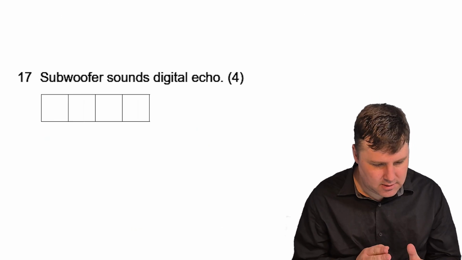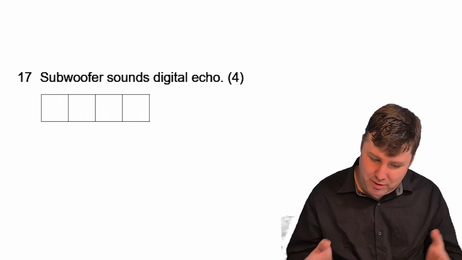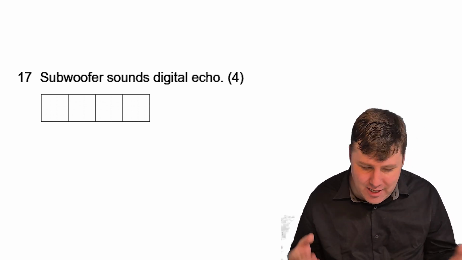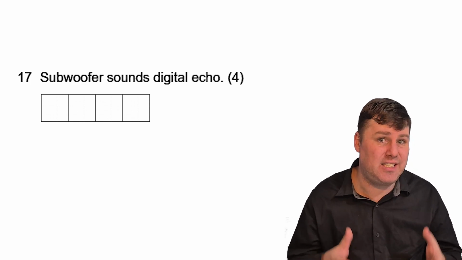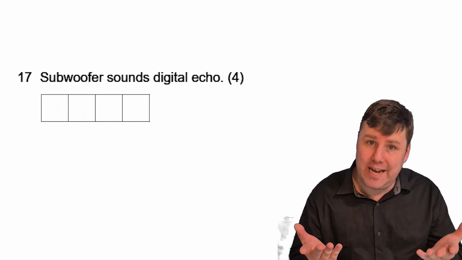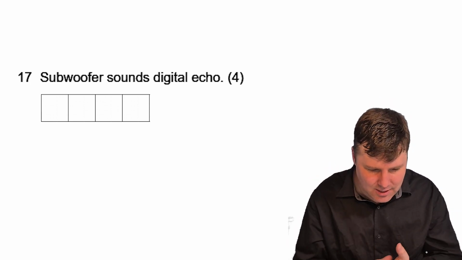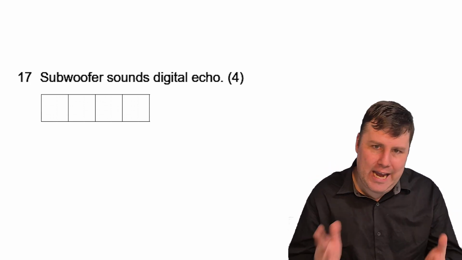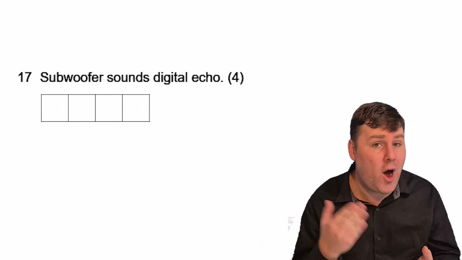17 down. Subwoofer sounds digital echo. All right, are we referring to a car radio here, some speakers? Again, in the middle there, we have sounds. We did have some earlier clues where we had to sound out or say out loud the words to get the answer. So a digital echo suggests that a sound is repeated twice.